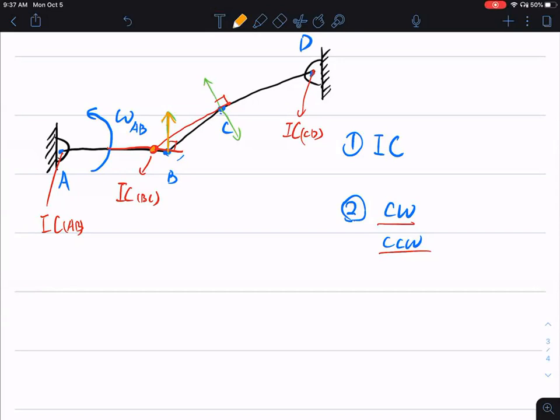So if BC is going up, that's counterclockwise about that instant center. Are we good here? Raise your hand if you think that's pretty straightforward. I can see that.